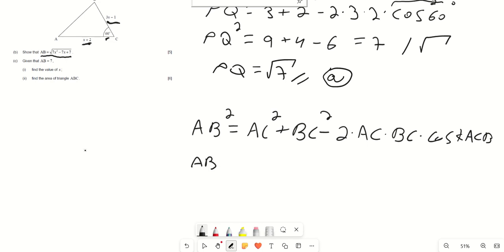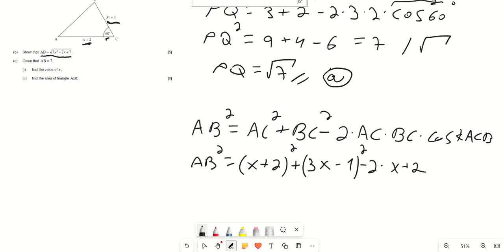AB stays AB. AC is x plus 2 square. BC is 3x minus 1 square minus 2 times AC is x plus 2, BC is 3x minus 1, and the cosine of 60 degrees.